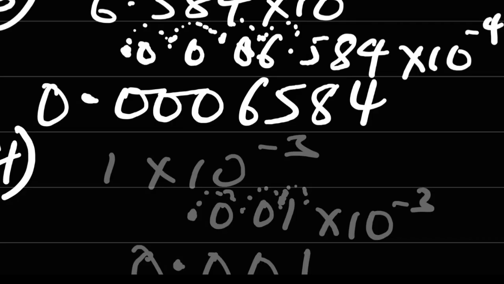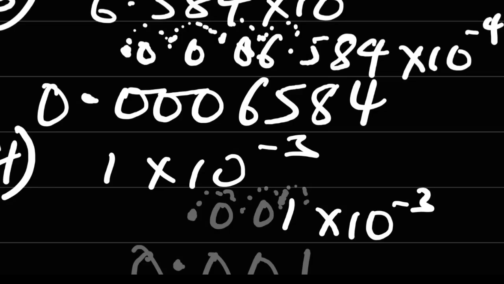The last question, question number 4. 1 times 10 raised to the power of minus 3. It means we are going to move the decimal 3 times. For the fact that we are not seeing the decimal here, the decimal is at the extreme end.